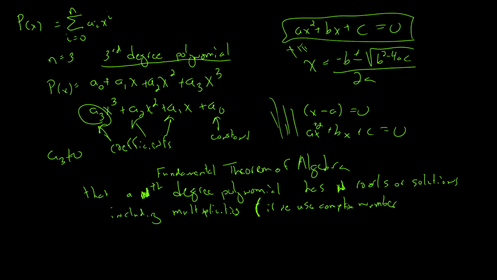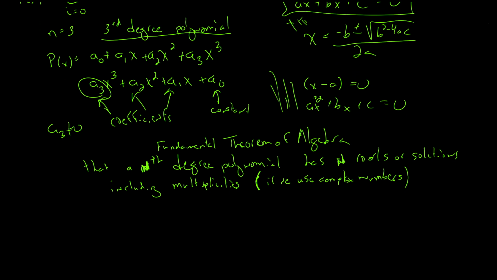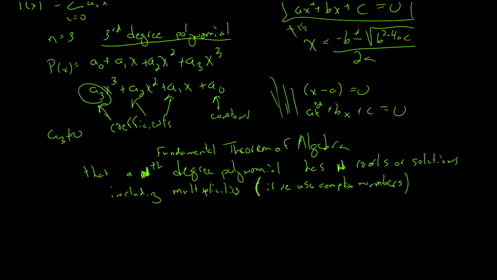And we'll come back to this more and more, of what solutions are and how they will manifest themselves through the different parts of calculus. But this was the fundamental theorem of algebra, and it focused on polynomials and polynomial roots.